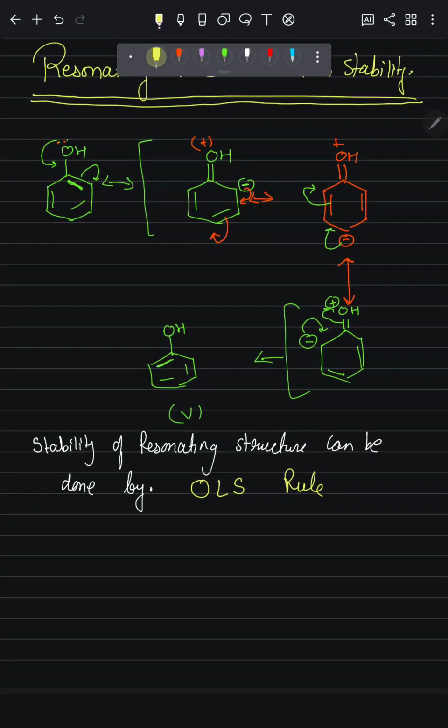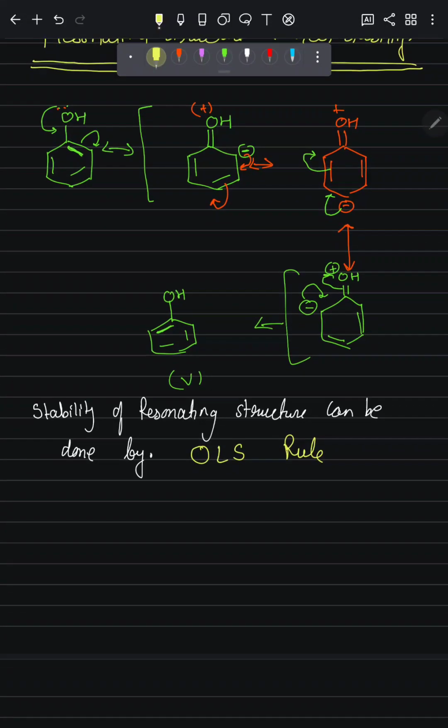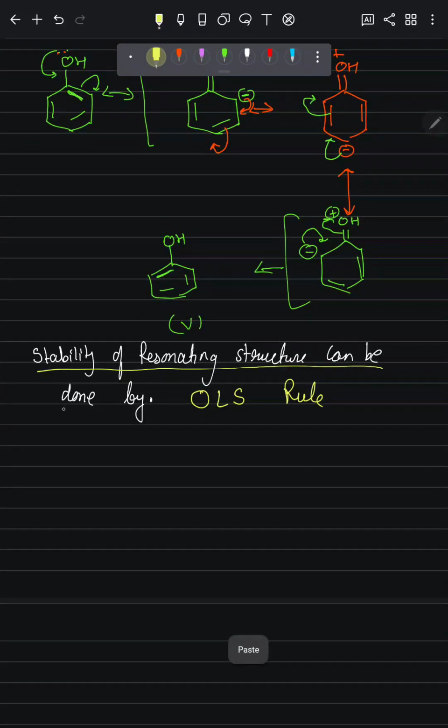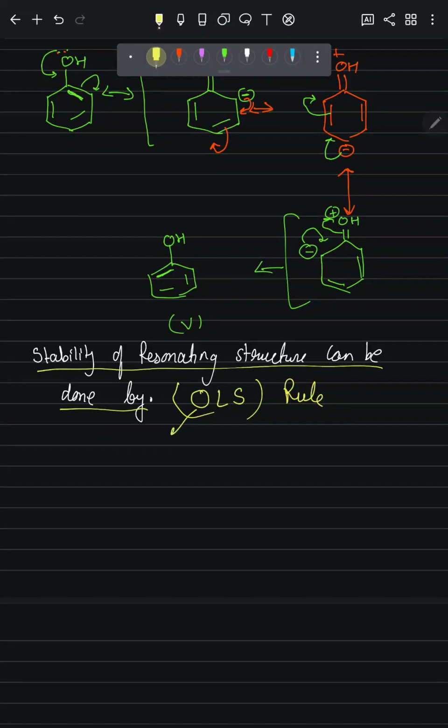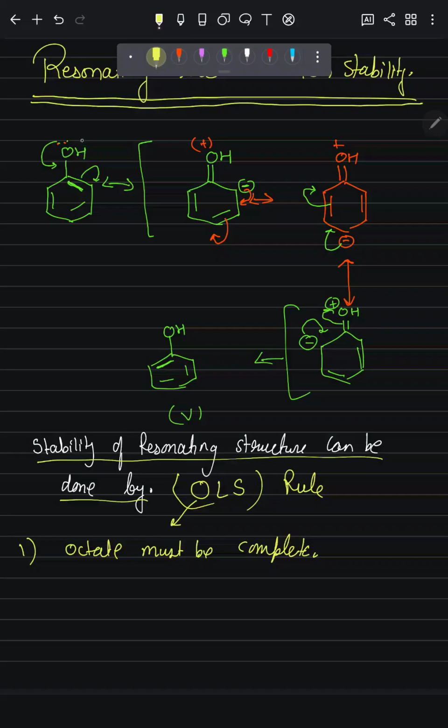Well, to know the stability of these resonating structures, we use a rule called the OLS rule, according to which O represents the octet. The first point is that the octet must be complete. That means, let's count electrons. Let's make this hydrogen.